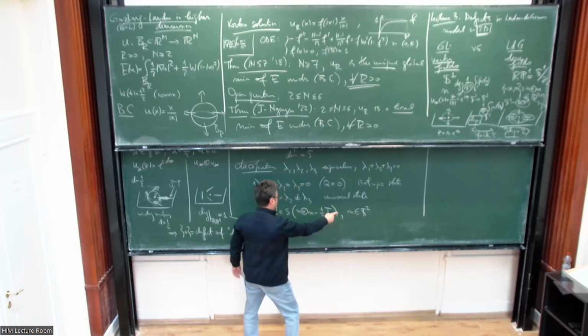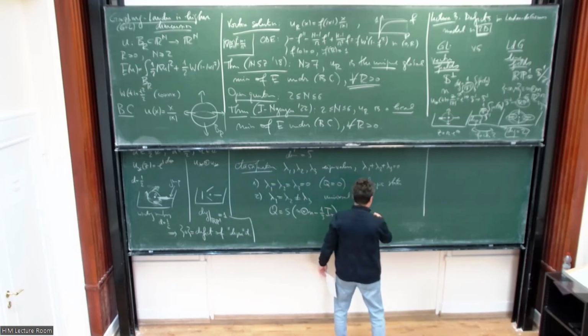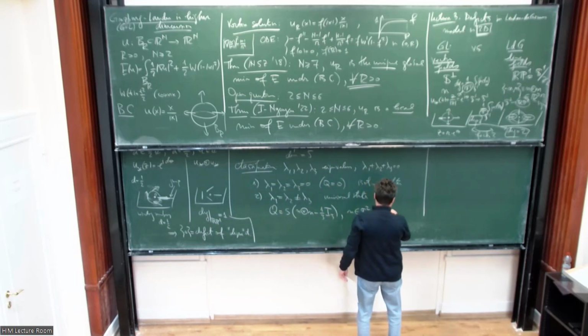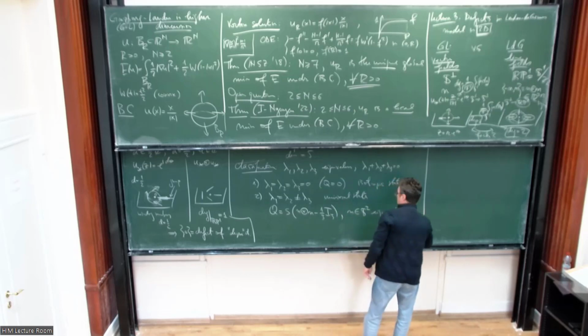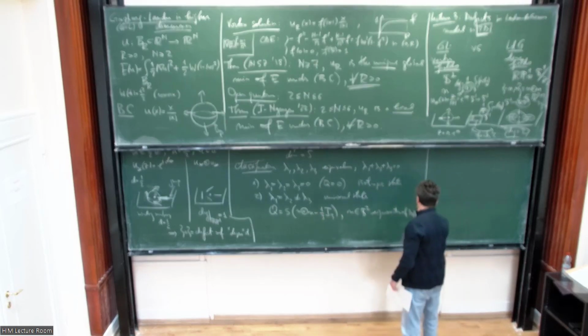So you multiply with n, and that gives you a constant times n, and the constant is lambda 3, which is 2/3 s.